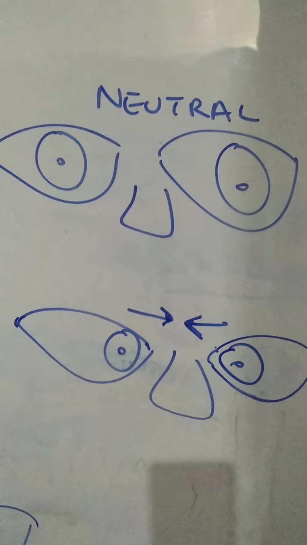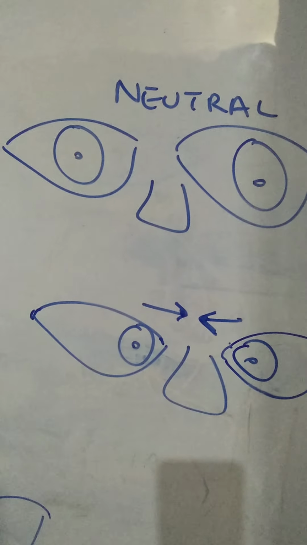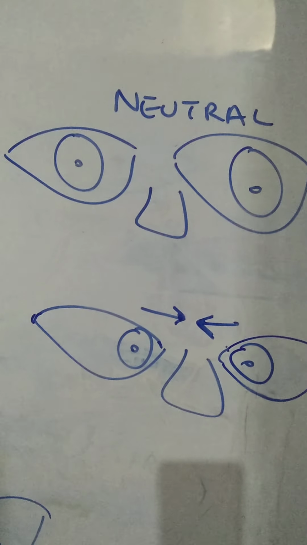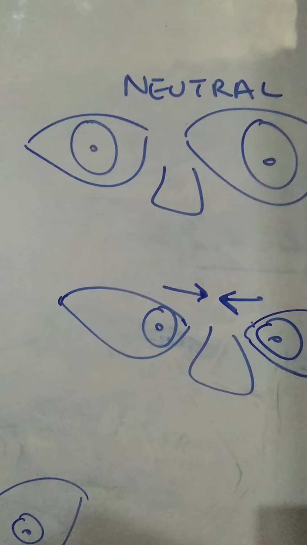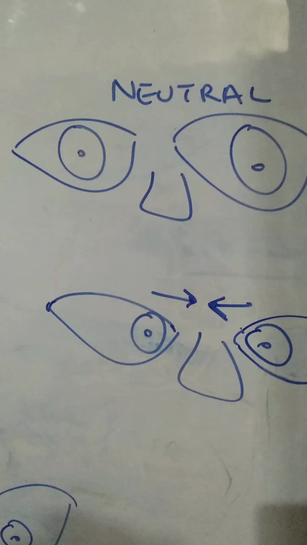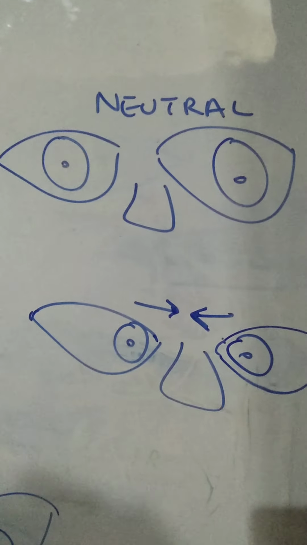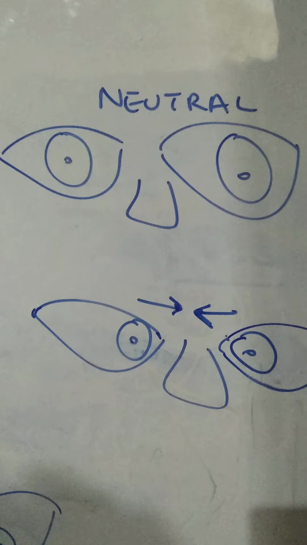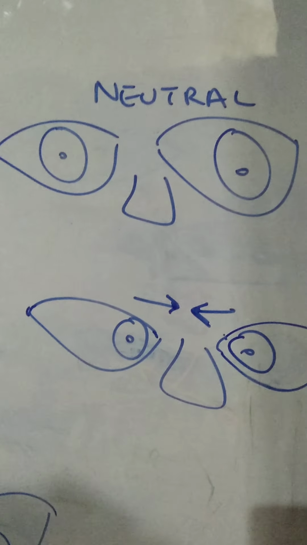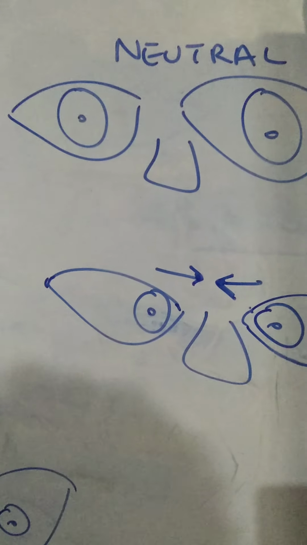Even here it's called adduction of the eyeball, or we can call it medial rotation of the eyeball. That is the action of this muscle called medial rectus. It is adduction of the eyeball, also called medial rotation. Adduction is the more commonly used word.